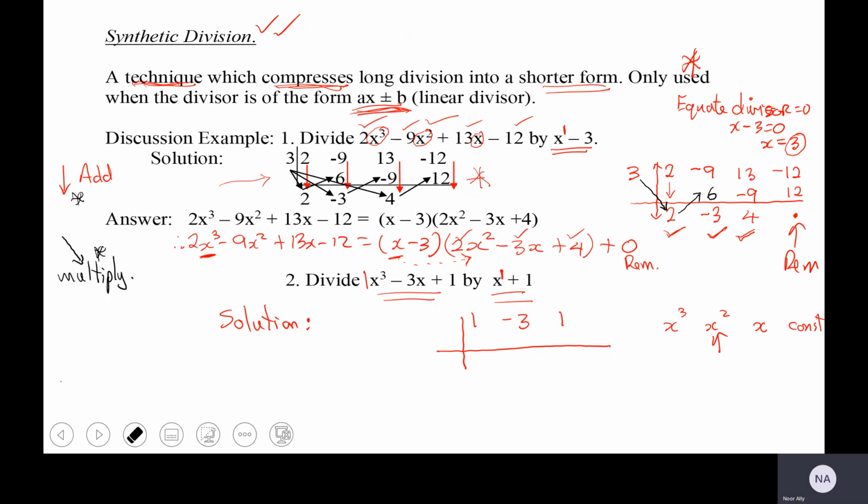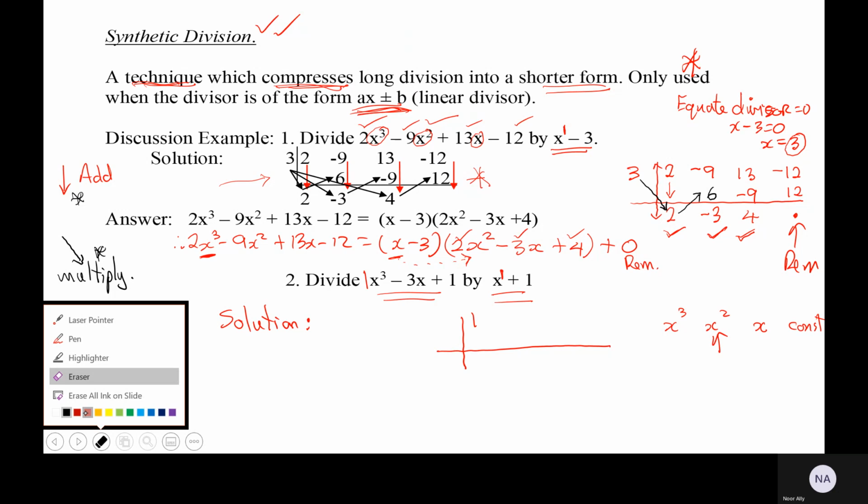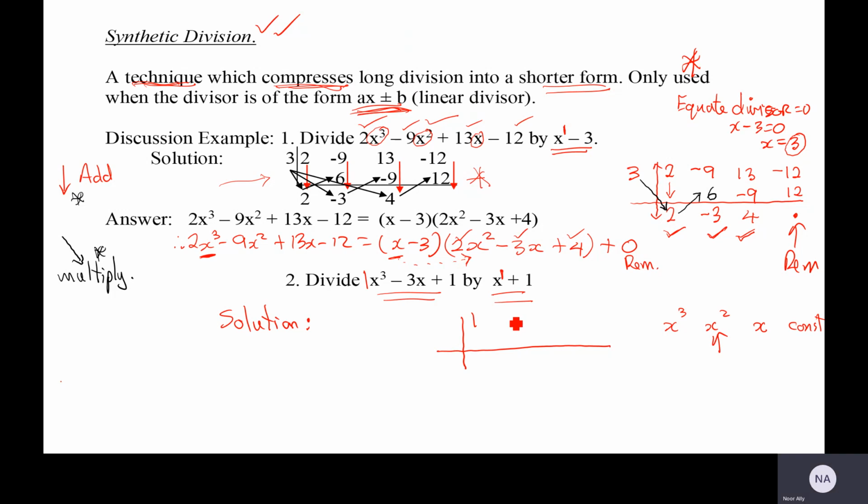I've got to ensure that in the place of the x squared, I put a 0. The coefficient of the x squared is 0. Then the -3, then the 1.